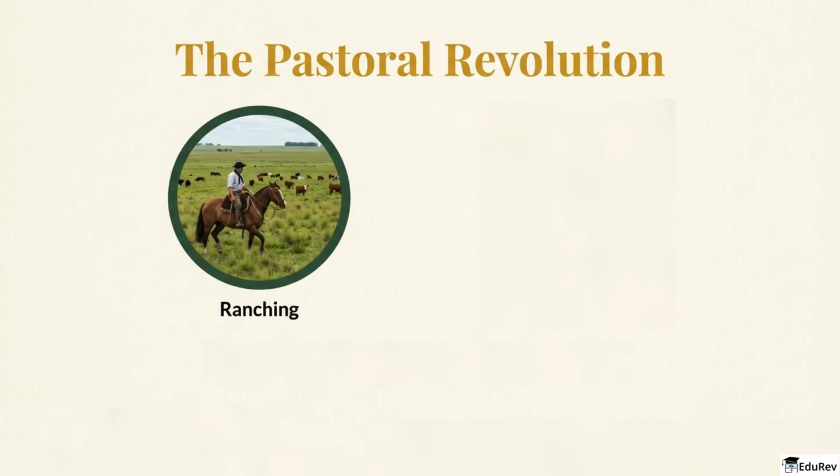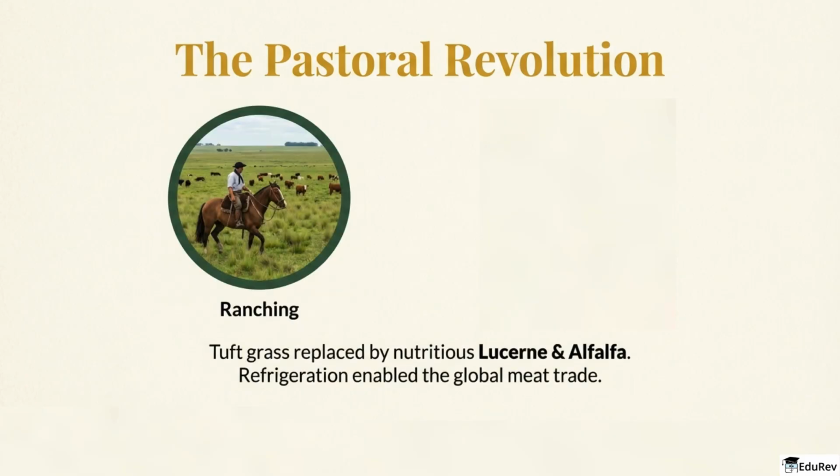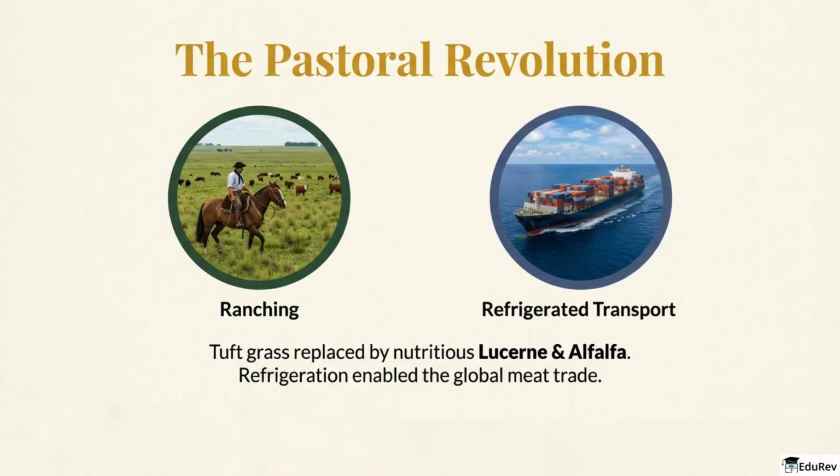Now the second economic shift, the pastoral revolution. These grasslands were not only cereal zones, they also became major ranching zones. Traditional tuft grass was increasingly replaced by nutritious fodder like lucerne and alfalfa. That improved livestock quality and output. Then came the real breakthrough: refrigerated transport.